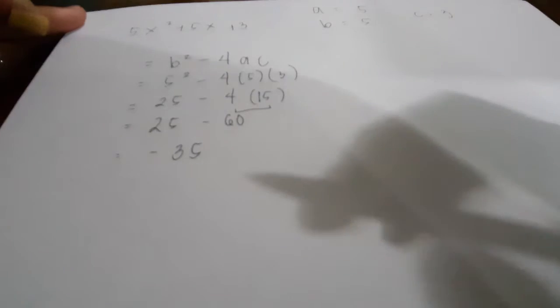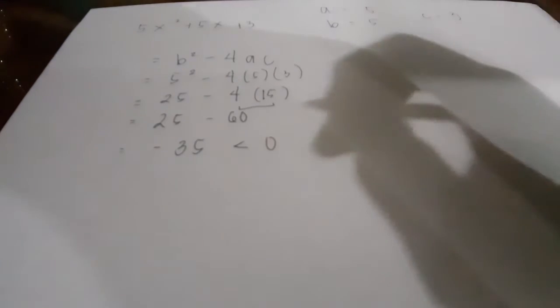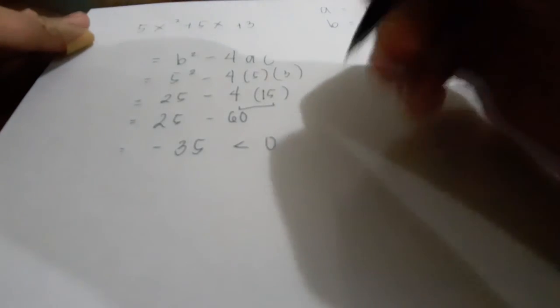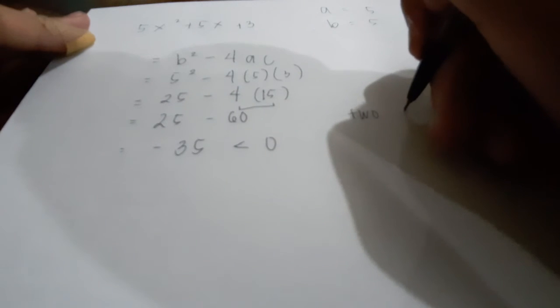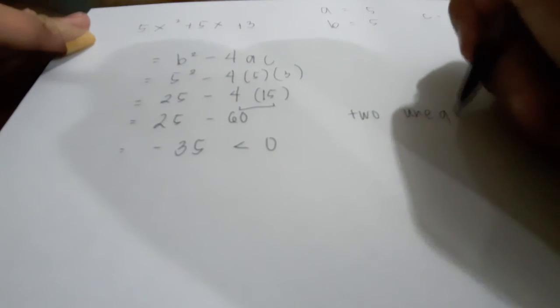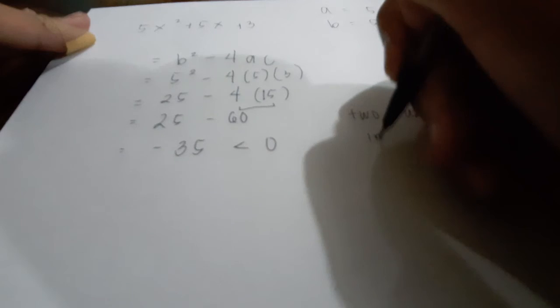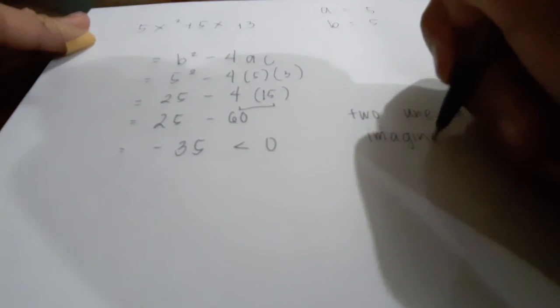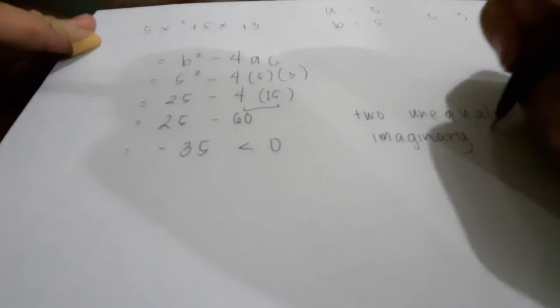So all numbers that are negative are less than 0. So, negative 35 is less than 0. So therefore, the equation has two unequal imaginary roots.